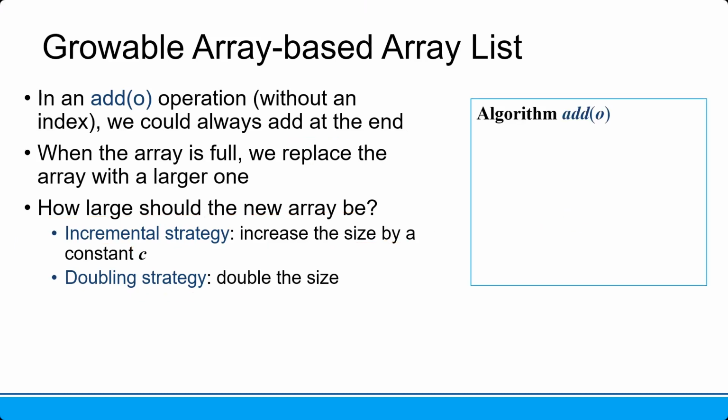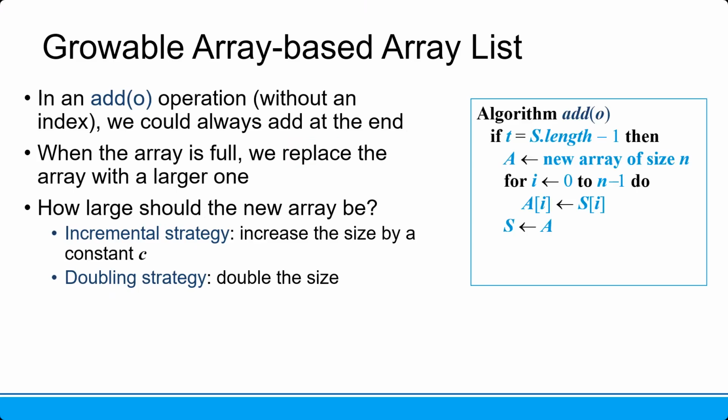So in a mathematical way, we can see this is the algorithm. When you have an object o that you want to add into the array, at first you will check n equals s.length minus 1.